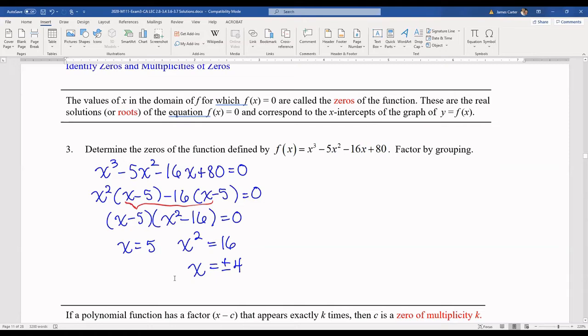Zeros and multiplicities. Okay, when we find zeros, in other words, the x values on a graph, we need to determine whether they're touch and go or whether they're crossing in order to be able to graph them.